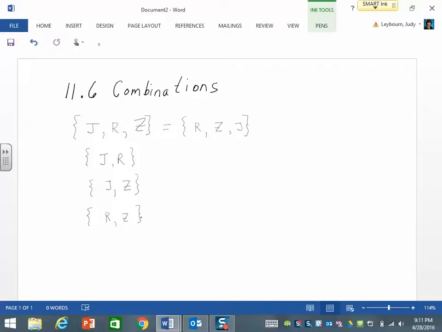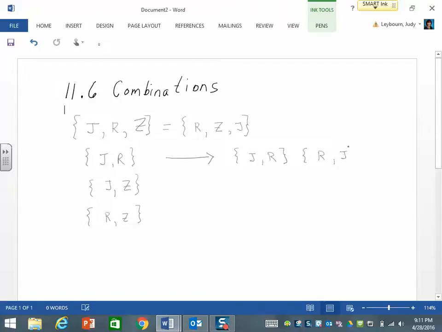If we instead look at the permutations of each of these sets, then the set JR could be the set JR, or it could be the set RJ.